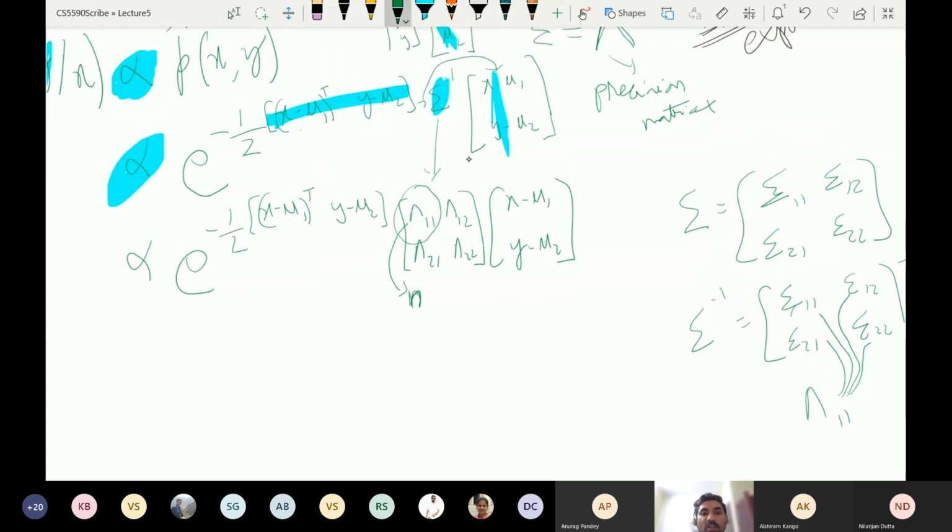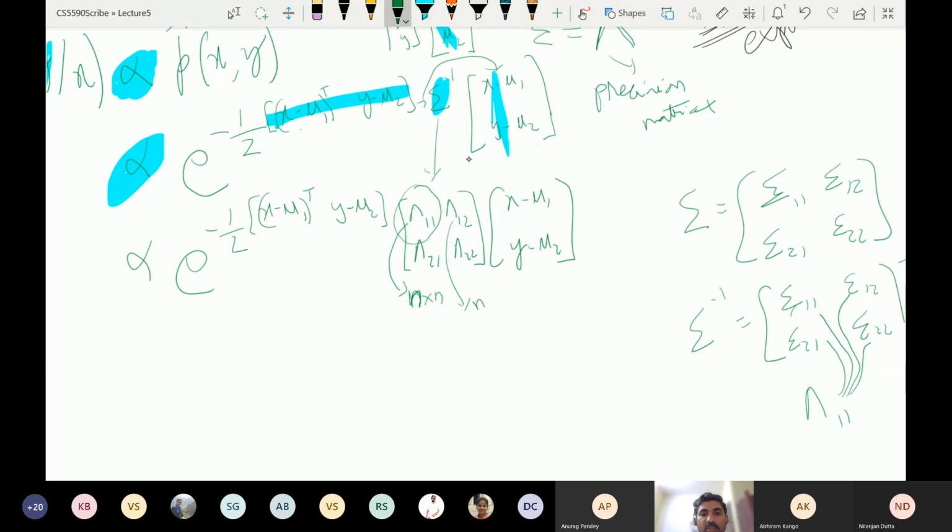So what will be the size of lambda 1 2? No, how will it be the same?